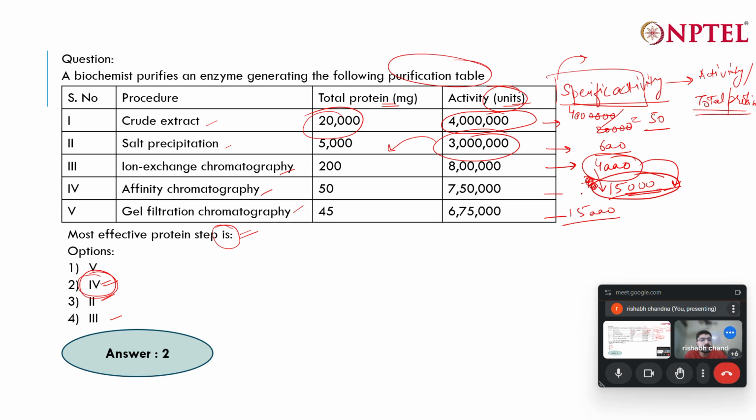So the most effective step would be the affinity chromatography, because here we are getting more enzyme molecules per unit volume of the solution. That's why it is the most effective step of the whole procedure. Hence the correct answer would be option number 2, that is the fourth step.